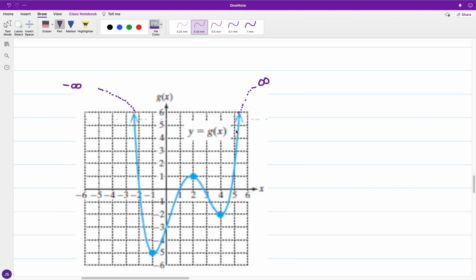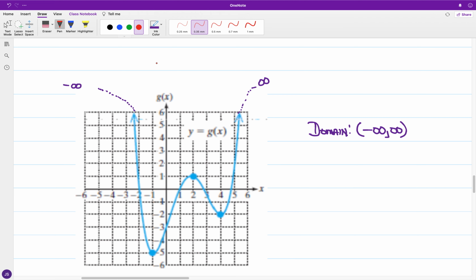As we go farther up and out to the right, we approach infinity. So for the domain, that's going to be the set of all real numbers, going from negative to positive infinity.